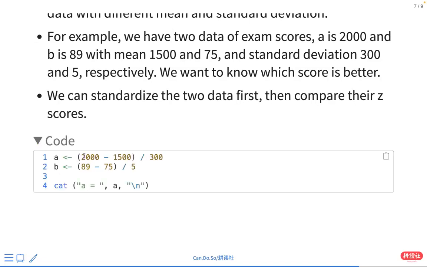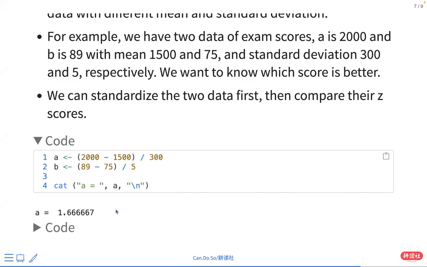First we subtract the mean: 2000 minus 1500, 89 minus 75. And the second part is to divide it by the standard deviation, 300 here, and 5 here.